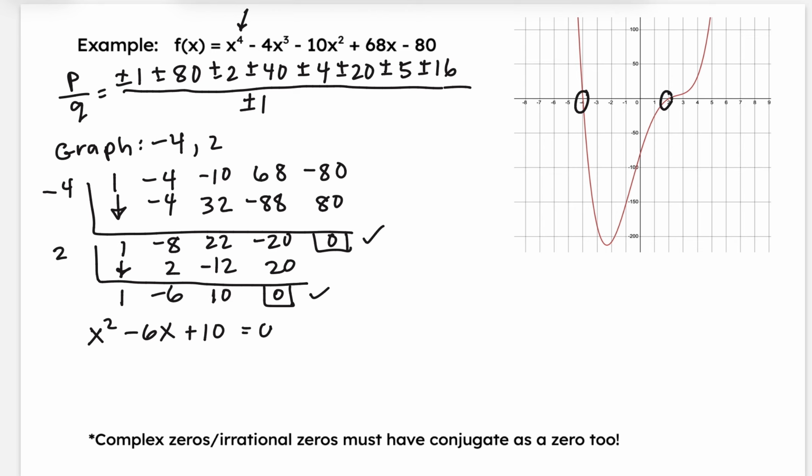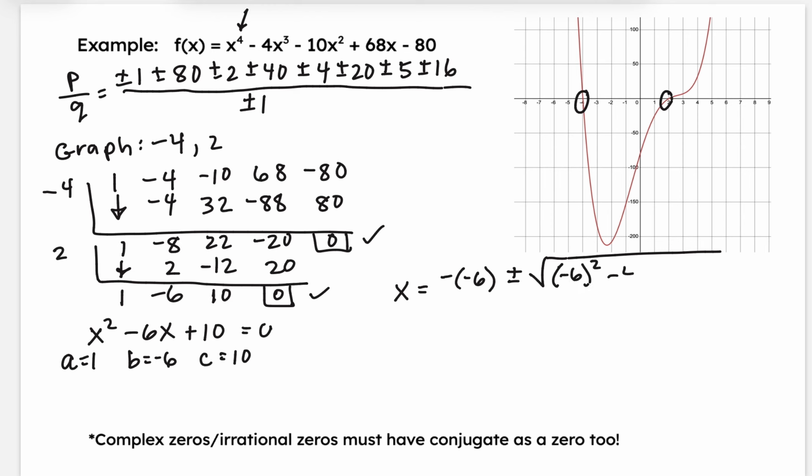So I'm going to use the quadratic formula on this one. So I know that my A is 1, my B is -6, and my C value is 10. So remembering the quadratic formula, we're going to do x equals -b. So in this case, it'd be -6 plus or minus the square root of -6 squared minus 4 times 1 times 10 all over 2 times 1.